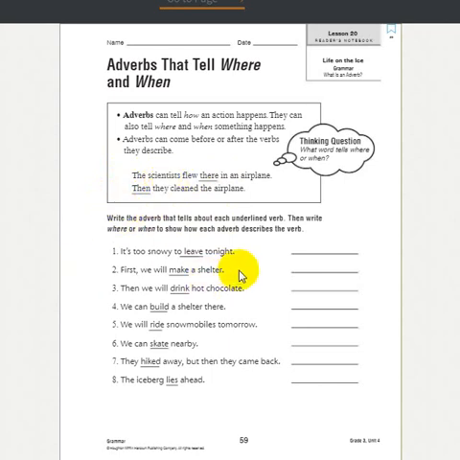So let's answer these questions. It says write the adverb that tells about each underlined verb. Then write where or when to show how each adverb describes the verb. Okay? So, it's too snowy to leave tonight. Okay? So, the verb here is leave, right? Which word here describes leave?